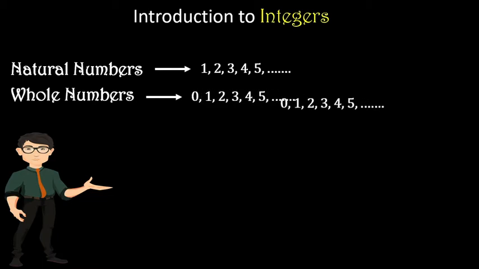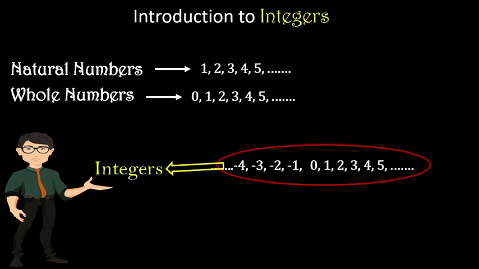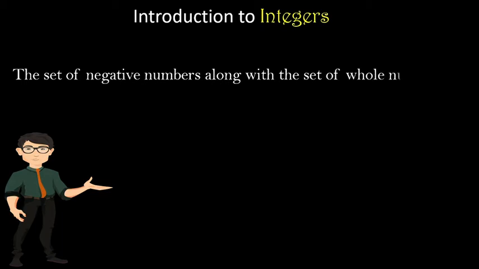Now take whole number and negative numbers. So this set of number is known as integers. So we can define integers as the set of negative numbers along with the set of whole numbers.